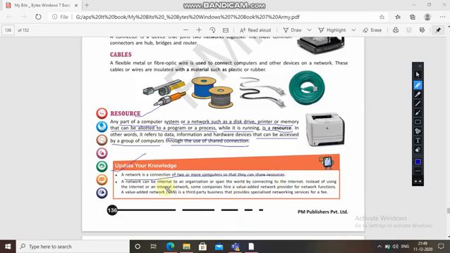A network can be internal to an organization, or span the world by connecting to the internet. Instead of using the internet or an internal network, some companies use a value-added network provider for network functions. A value-added network, like VAN, is a third-party business that provides specialized networking service for a fee. They take some amount of fee monthly or quarterly, and they provide this service.